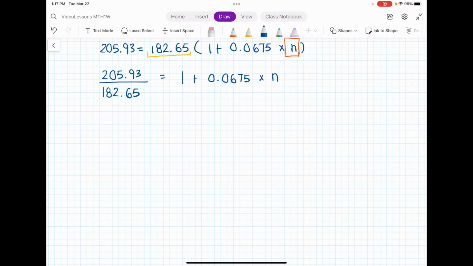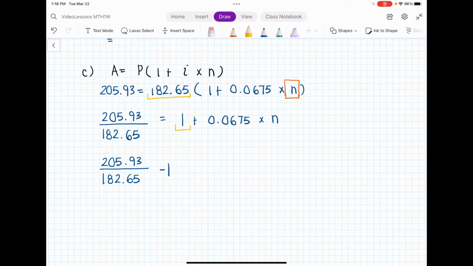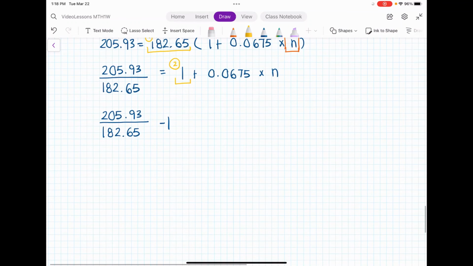And then I have to get rid of this, which means this has to be subtracted. And the next thing, I'm going to put little numbers here so we can see everything we're doing. First we dealt with this, then we dealt with this, and then we're going to deal with this. But I'm actually going to show this to you separately so that you can understand.